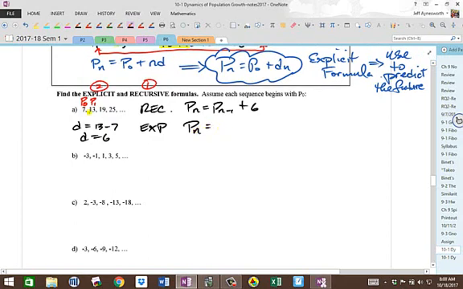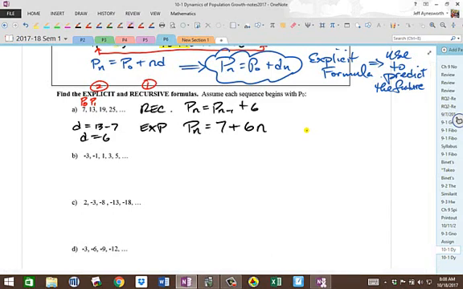Look right here in the sequence, it's the starting term. Plus d, which is 6, times n here. And there we go. There's your explicit formula. So this first set of examples just teaches you how to write the formulas, and the next set of examples on the next page are going to show you how to use them.